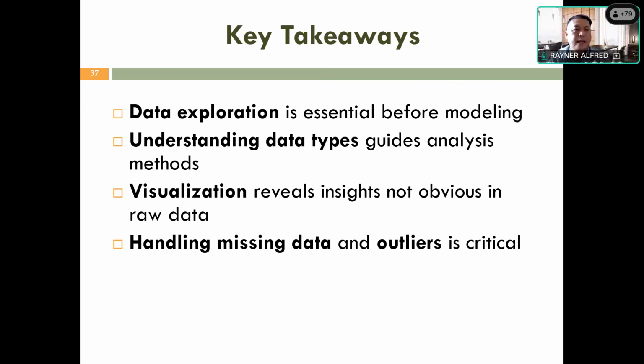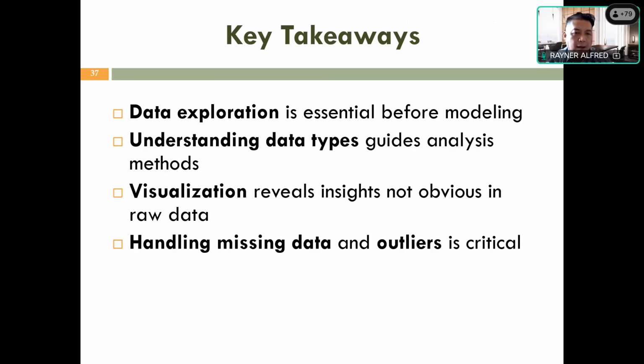Do you need to combine them, or do you need to construct new features? You need to be able to use tools to visualize the data that you have, for reasons like finding the trend, finding the grouping, and finding the outliers.